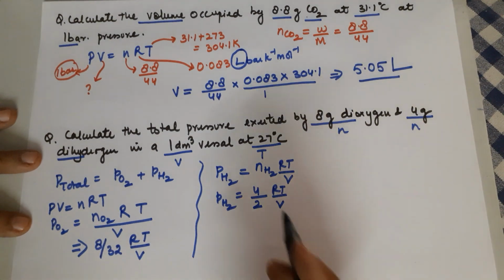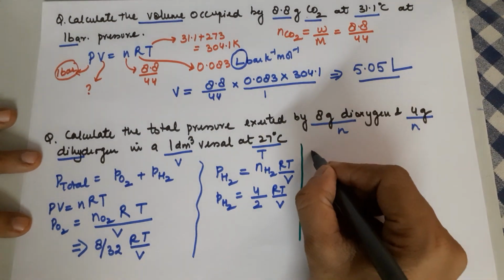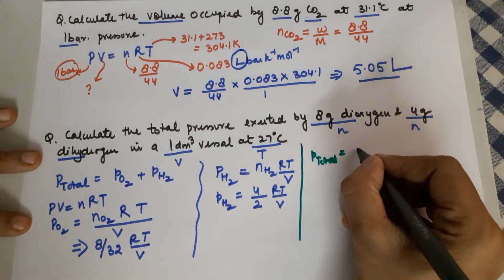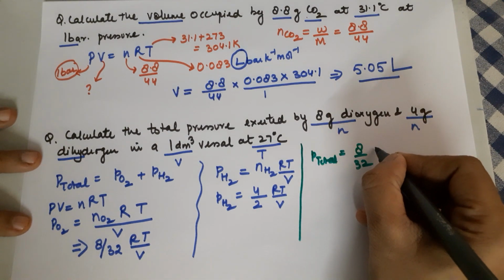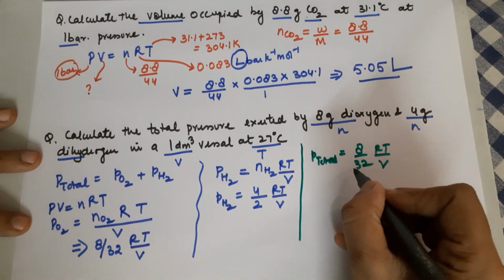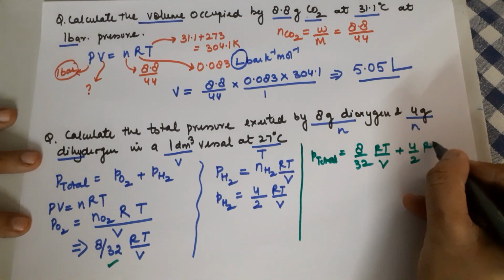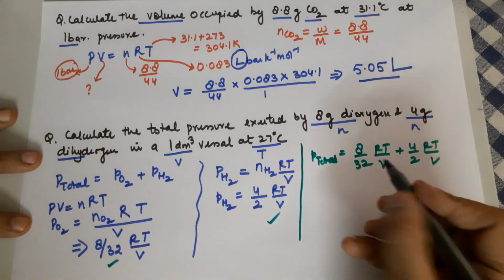Now since we want P total, my P total is equal to 8 by 32 RT by V for oxygen plus 4 by 2 RT by V for hydrogen.